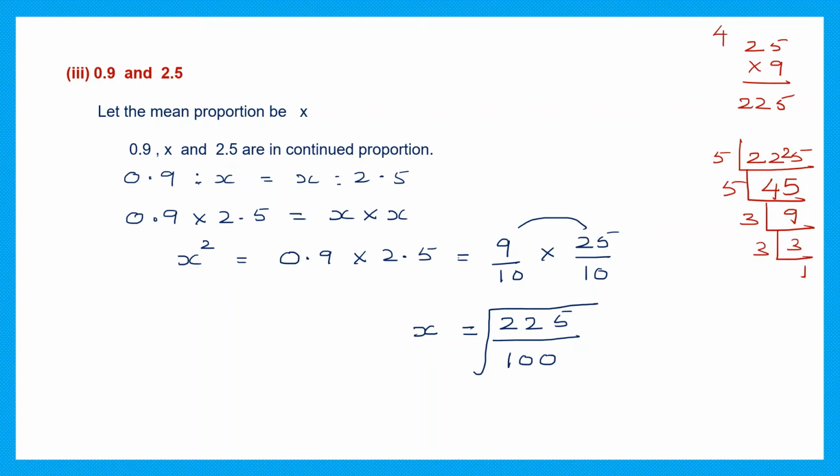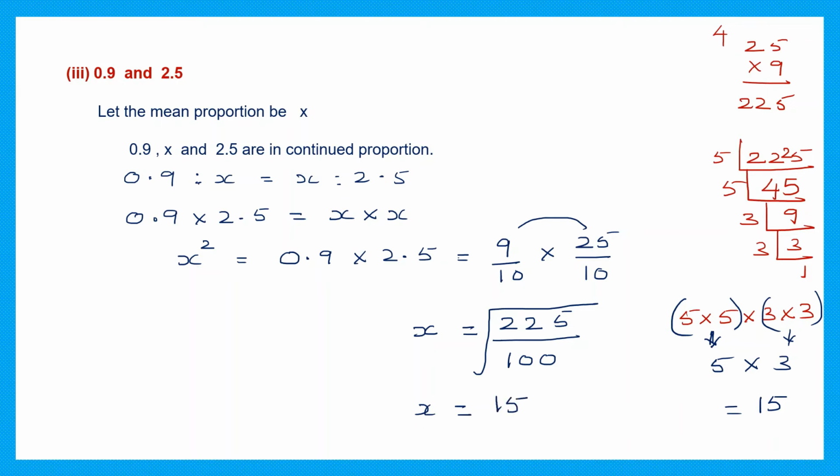So for 225, what are my factors? 5 into 5 into 3 into 3. Let me put them in pairs. I'll put the 5s together and the 3s together. Let me take out one number from here, that is 5, and one number from here, that is 3. 5 3s are 15. So when I get the square root of 225, it is 15.